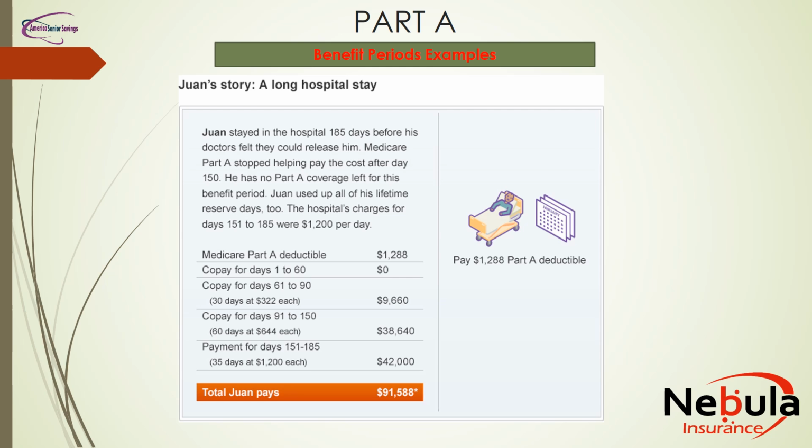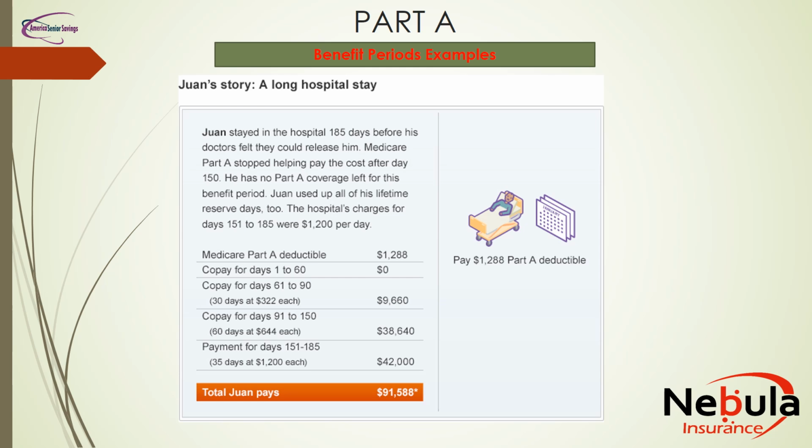Now one looks pretty much a very expensive experience. He actually stayed in the hospital for 185 days. And after all is said and done, this is the itemized bill. Medicare Part A, he paid $1,288 to get admitted. That's his deductible. Then from day 61 to 90, he had to pay $9,660 out of pocket.